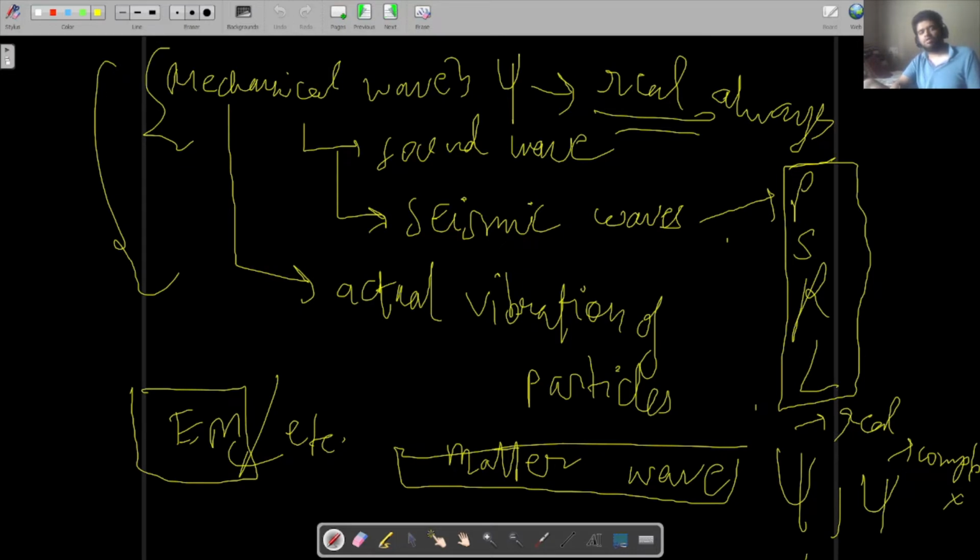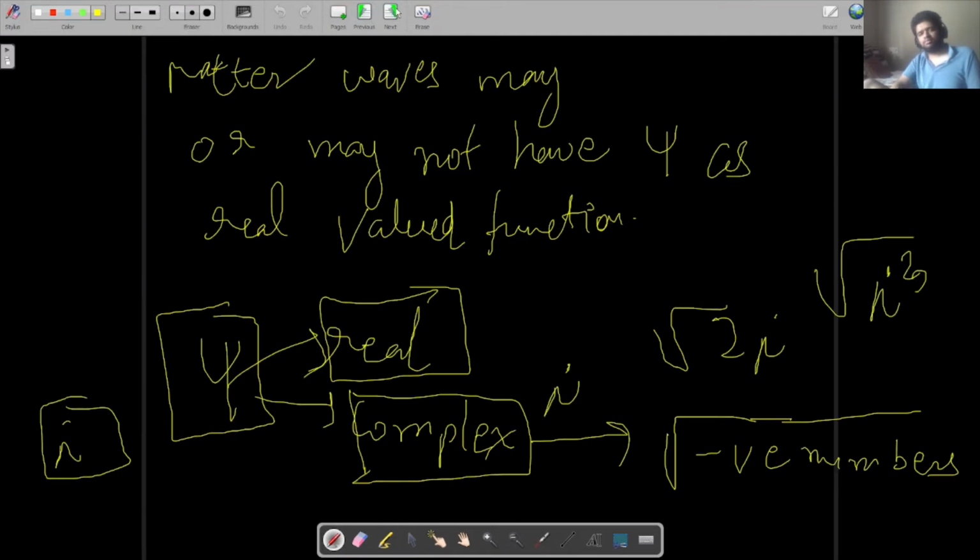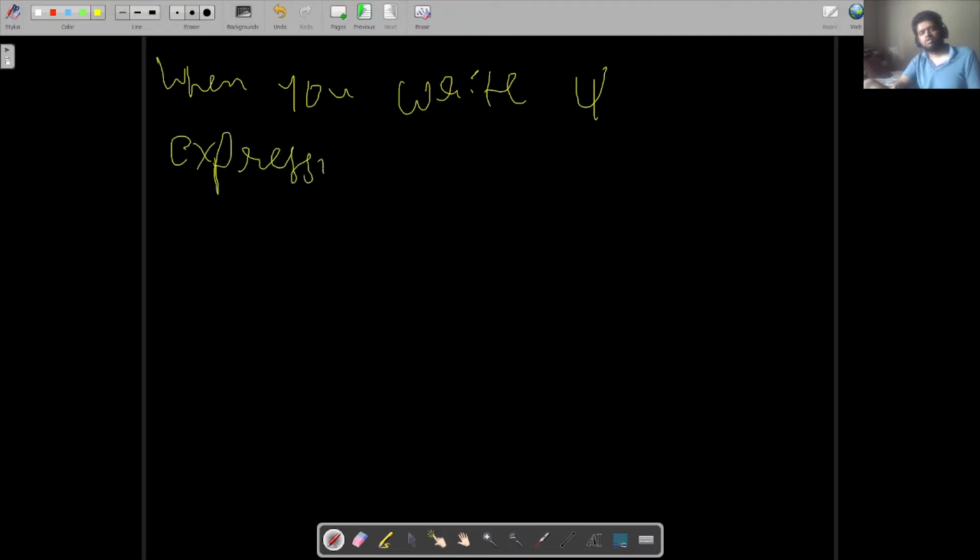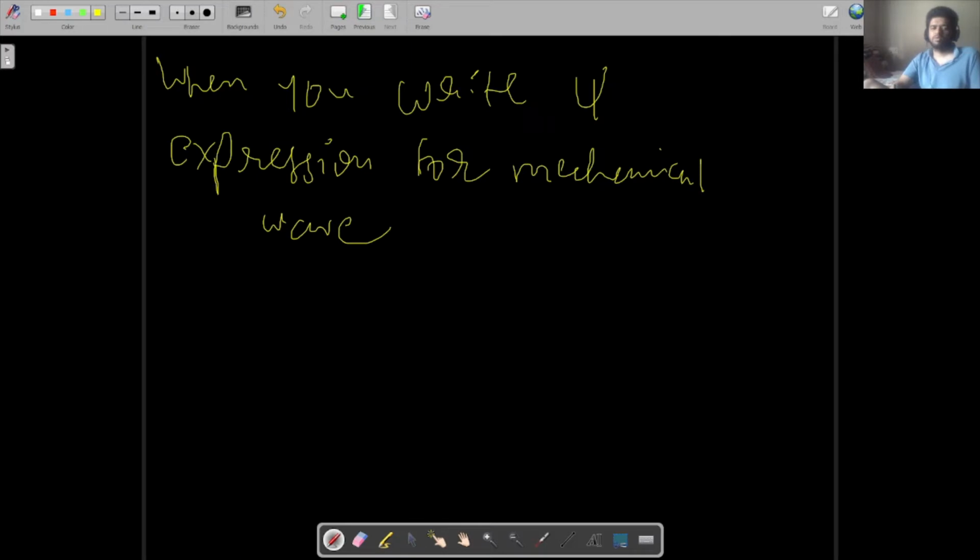So for these mechanical waves such as sound waves, seismic waves, etc., where actual vibration of the particles is taking place, the psi value is always going to be real, and that implies that iota will not be there when you write the wave function expression, the psi expression for mechanical wave.